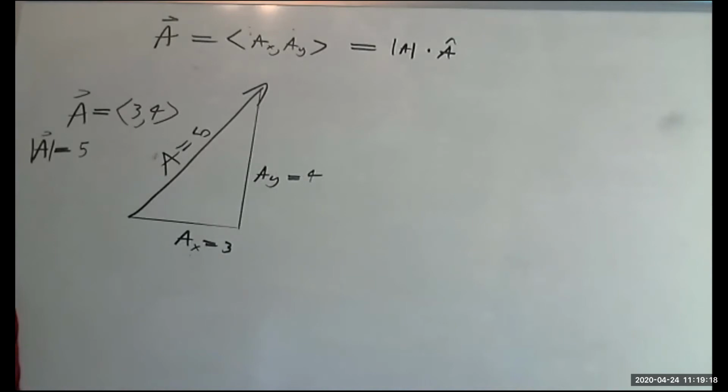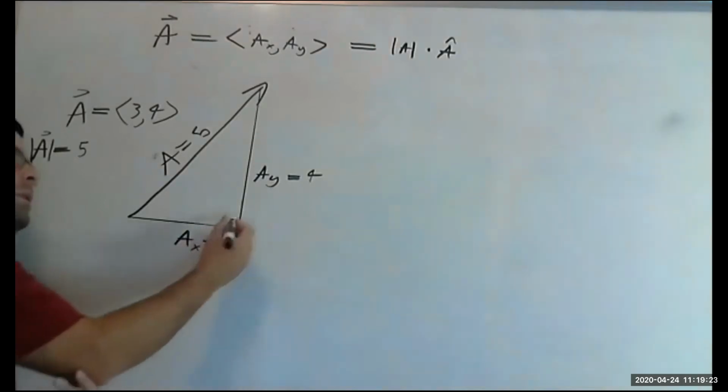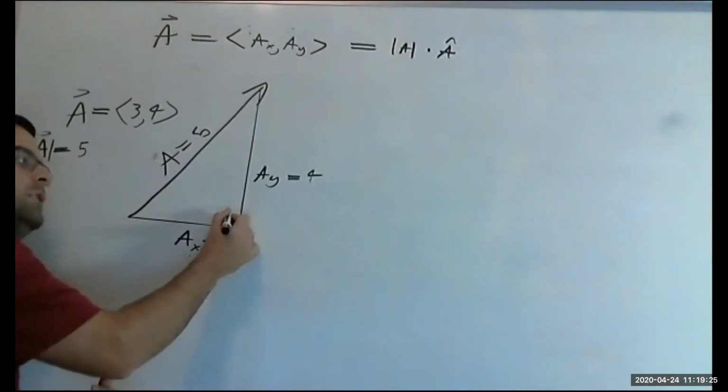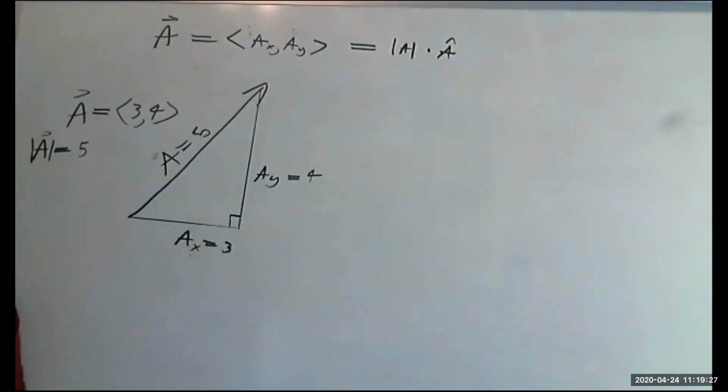Would it be the point where the AX and AY come together? No, because remember, X and Y are always 90 degrees apart. So that's one of the things that allows us to do these things: AX and AY make a right triangle.